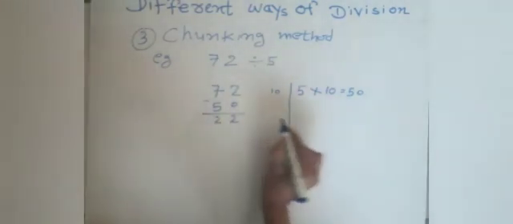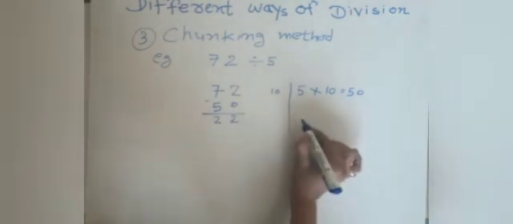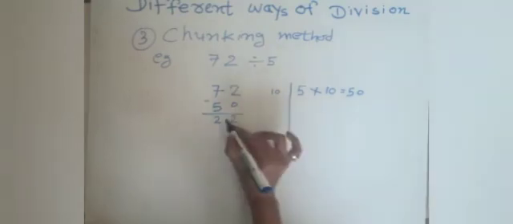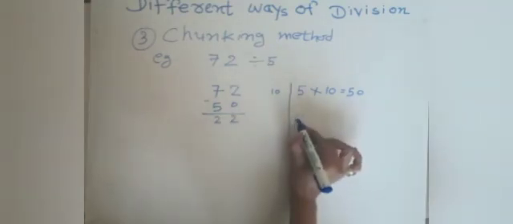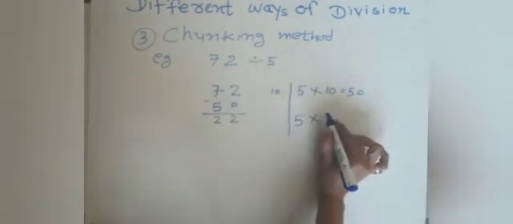Now 22 is here. How many times does 5 go into 22? We know that 5 fours are 20 and 5 fives are 25.